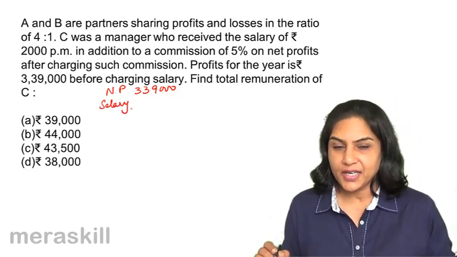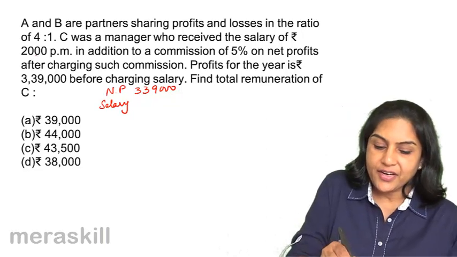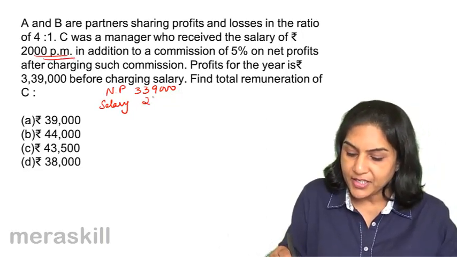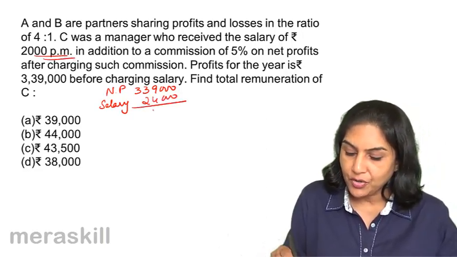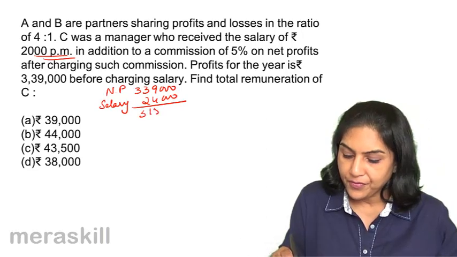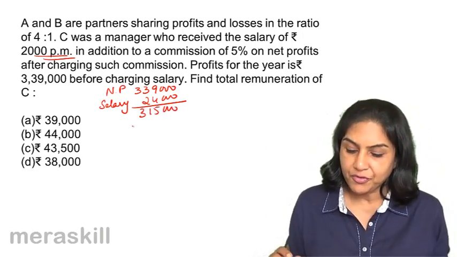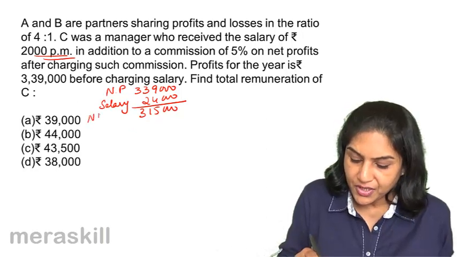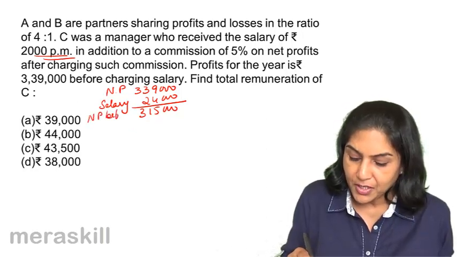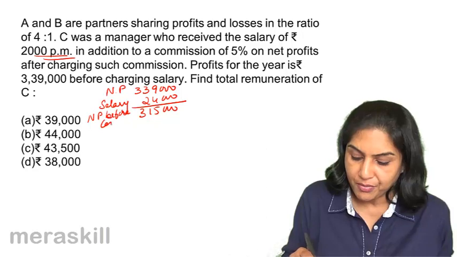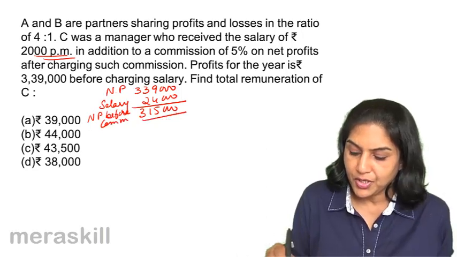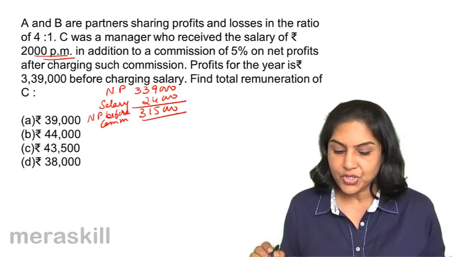The profit is 3,39,000. Salary is 2,000 per month. That is 24,000. Now you have 3,15,000. What is 3,15,000? 3,15,000 is the net profit before commission. Now what is the commission?